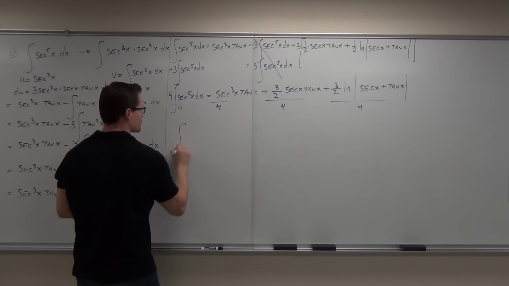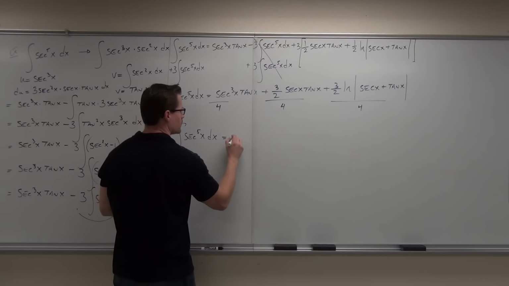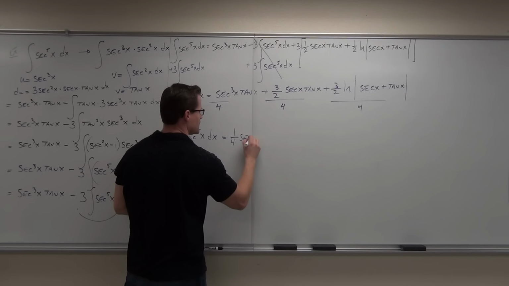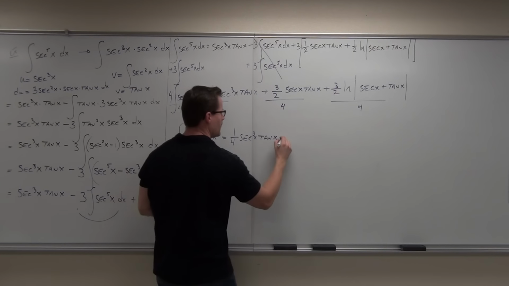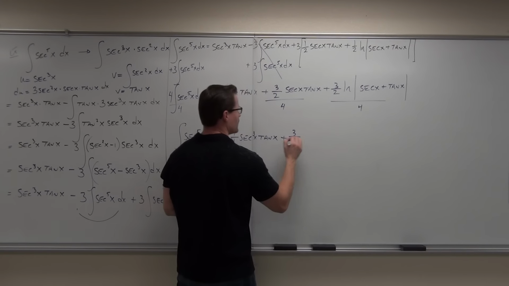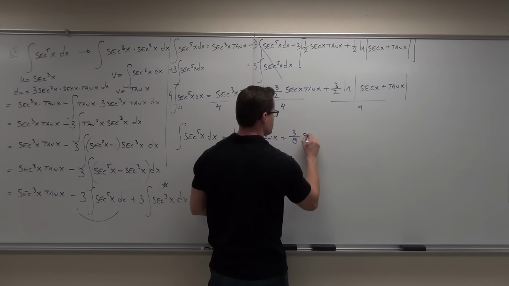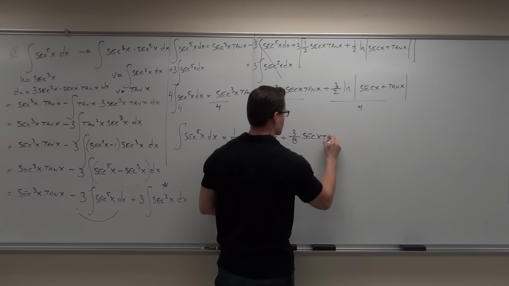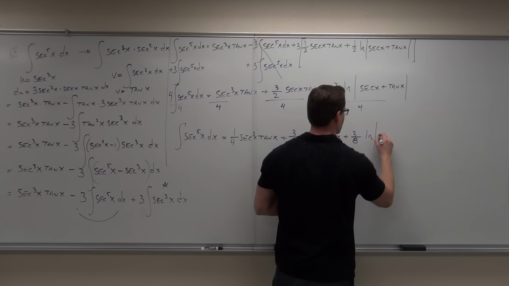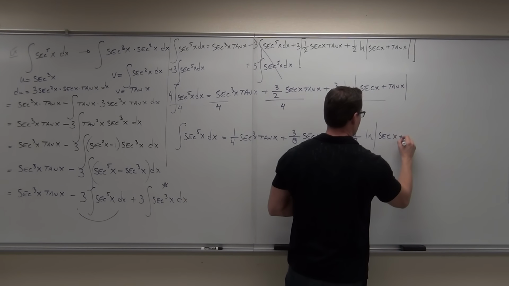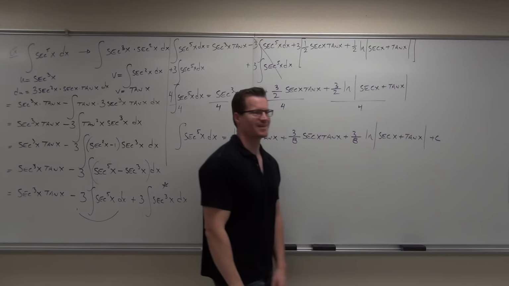So we get the integral of secant to the 5th power of x equals 1/4 secant cubed x tangent x plus 3/8. Anytime you divide a fraction like this, just multiply the denominators and you're good. Whew, plus C. Gotta have the plus C.